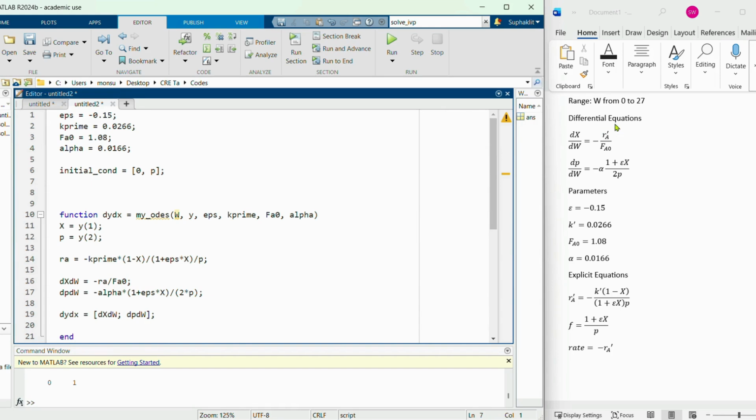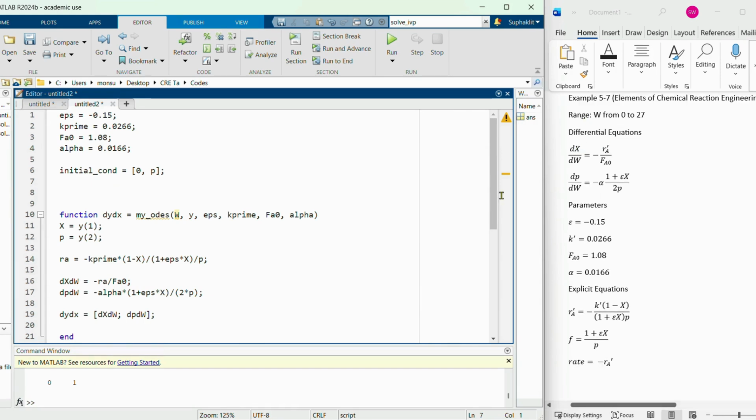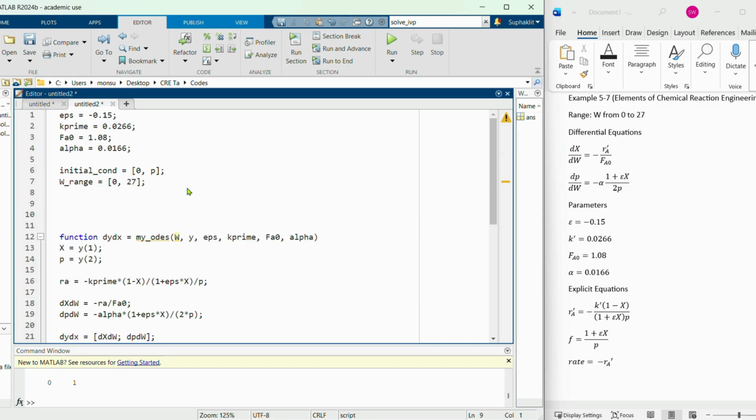And we say that we're going to solve the ODEs from 0 to 27 kilograms of catalyst. So the W range is 0 and 27.